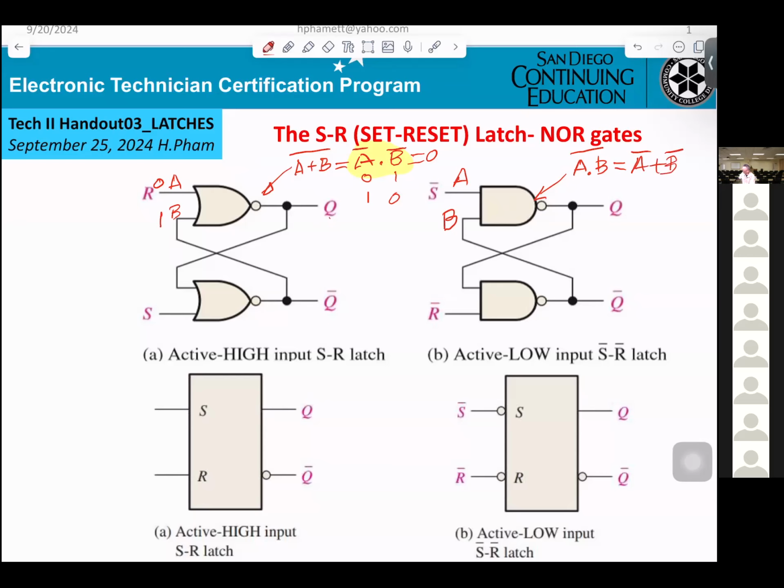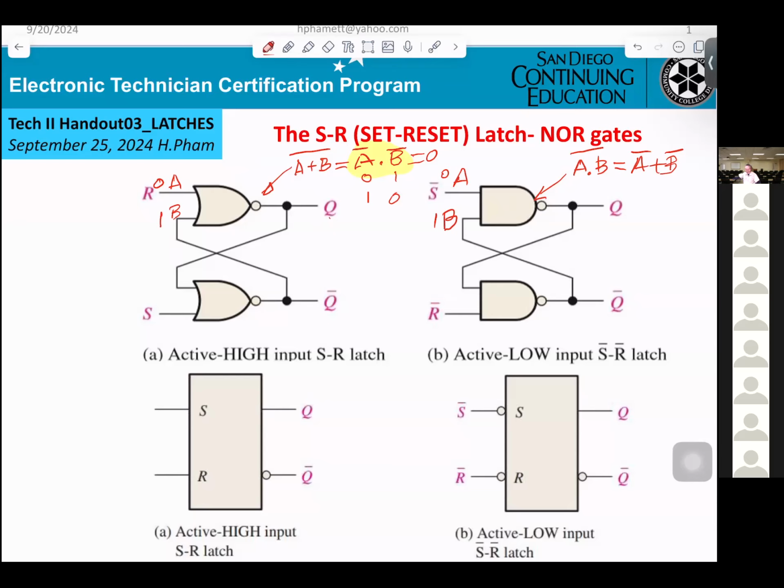So if you get a 0 here and 1 here, what output? One.